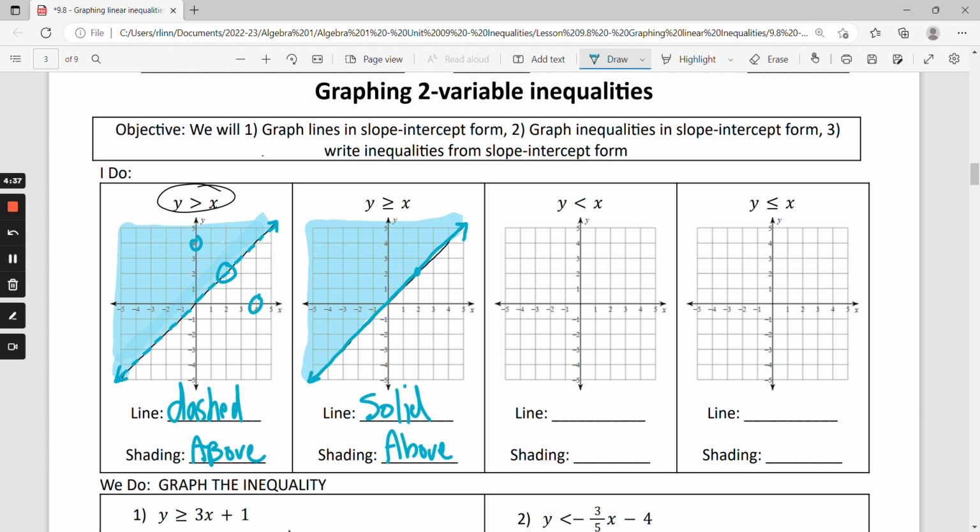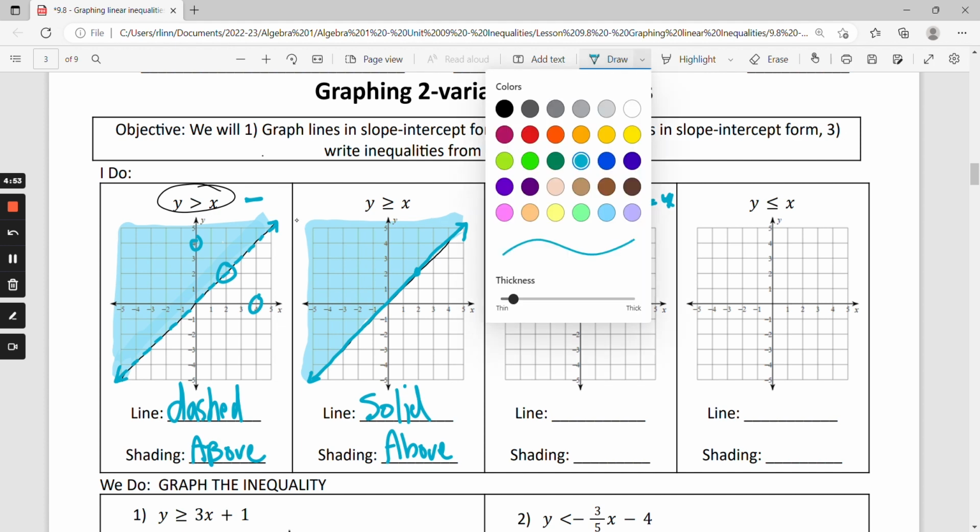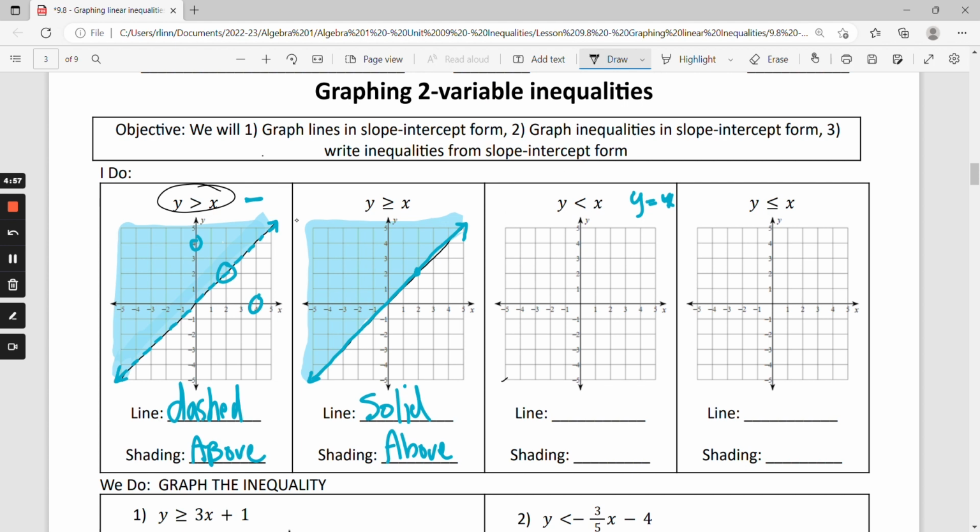Now, less than is going to be very similar to our greater than. We're once again going to have that line y equals x, so we're going to graph our line y equals x. Our line of y equals x is going to start at our origin, and once again just be a diagonal line that goes through that origin, that diagonal line with a slope of 1, up 1, right 1, up 1, right 1.